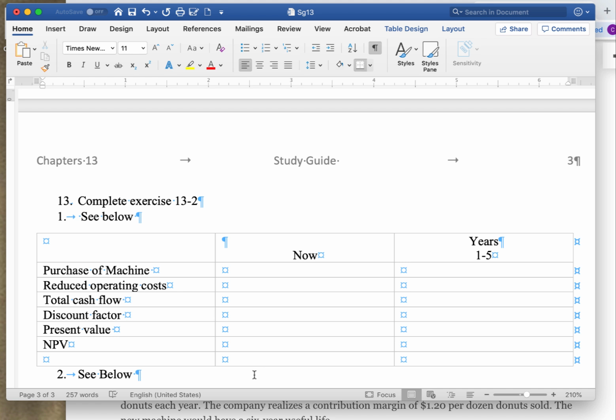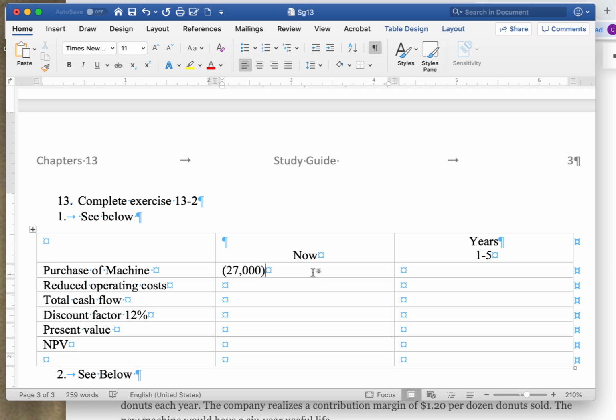So I did my chart just a little different, right? Remember, we have a discount factor of 12%. What payments do we have through years 1 through 5? Not a problem. Well, I know that right now I'm going to have $27,000 of cash outflow.